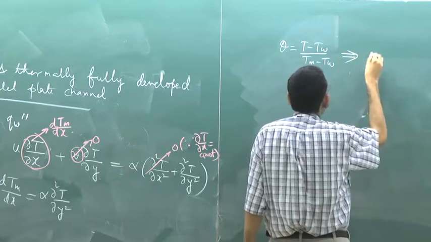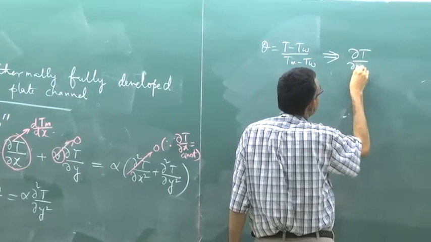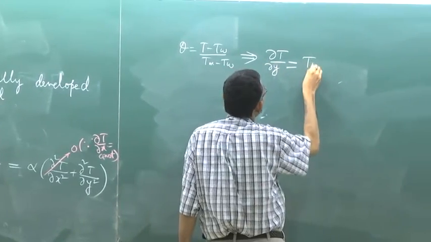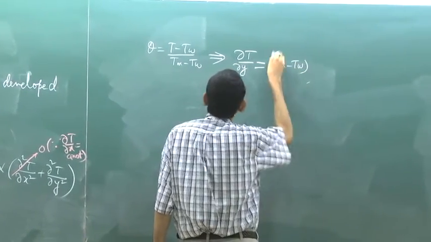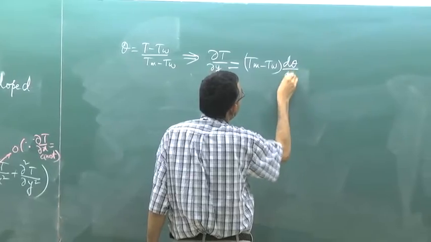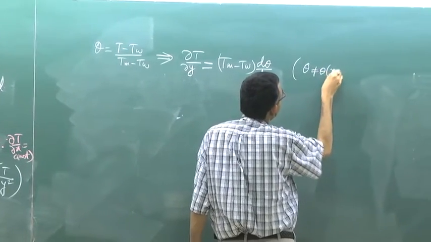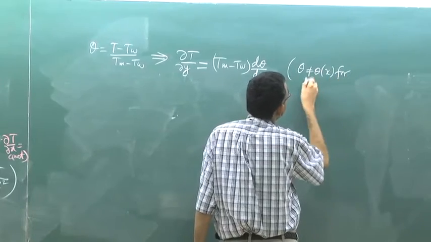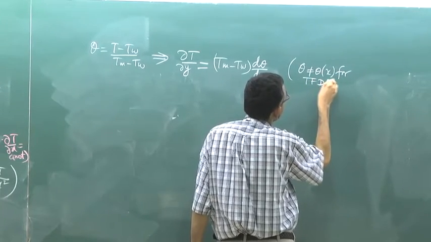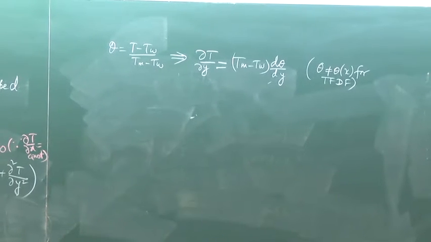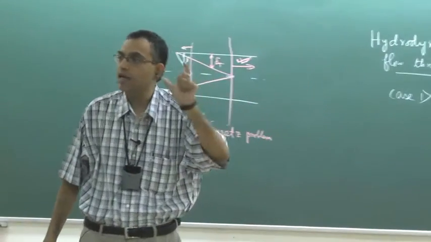So you can write del T del y. Remember T wall and Tm are functions of x, so with respect to y derivative those are like constants.